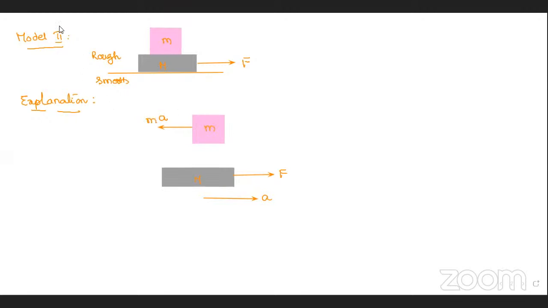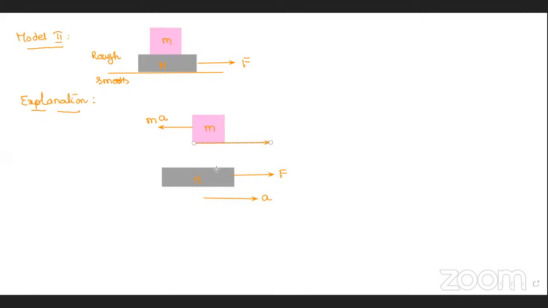Pseudo force is there and the block is in a tendency to move back. Friction acts in between those two. Since that surface is rough, friction immediately opposes the block like this. Friction opposes the motion. Why? Because it is rough.